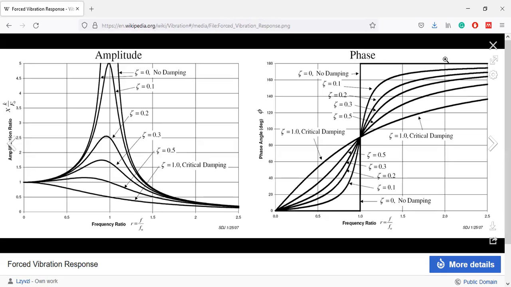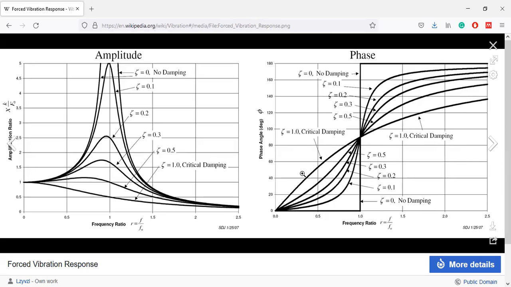You see, this is the no damping case, and this is the critically damped case. As we increase a small damping, the graph goes like this. Again, this graph also goes like this, and this is the graph for zeta value 0.5.